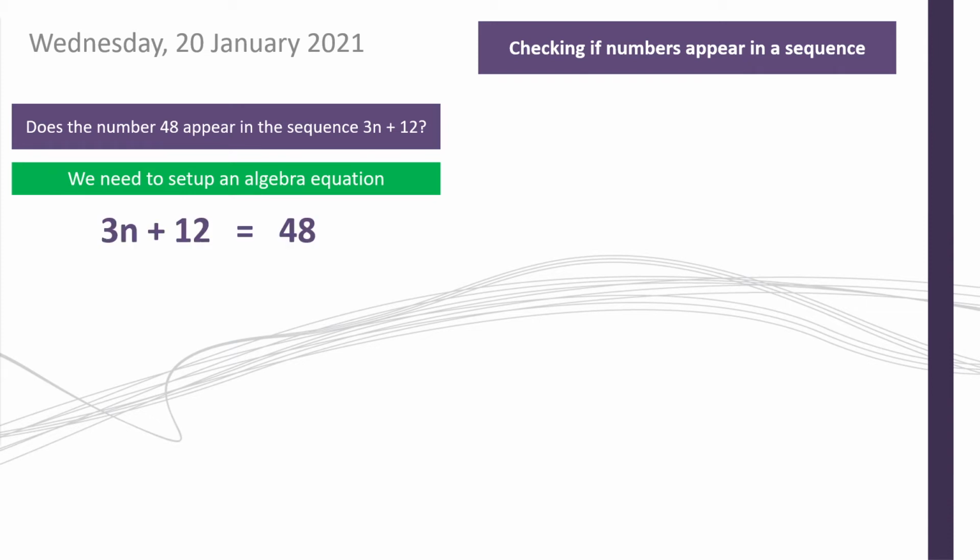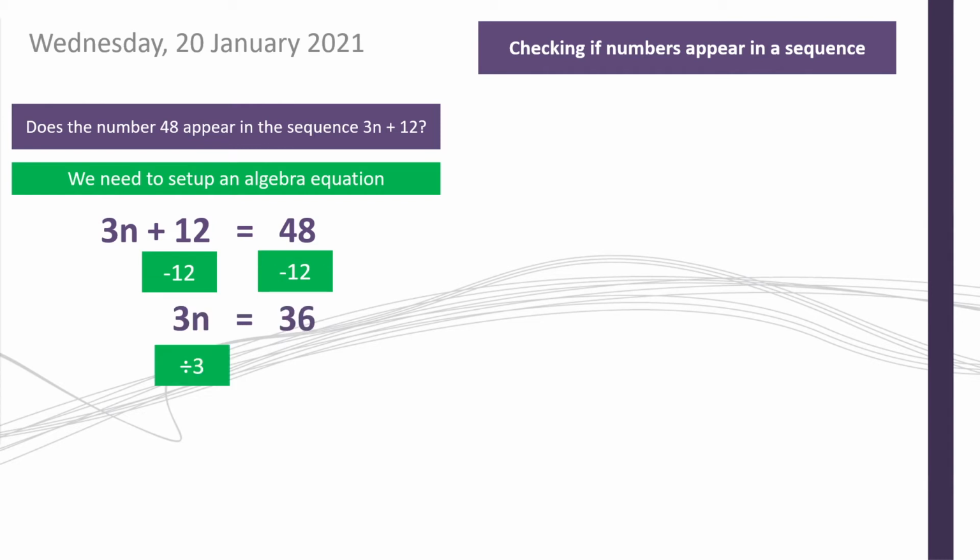On the left-hand side, we put the nth term rule given, and on the right-hand side, the number we are checking for, in this case, 48. Solve the equation for n as you would any other such equation.